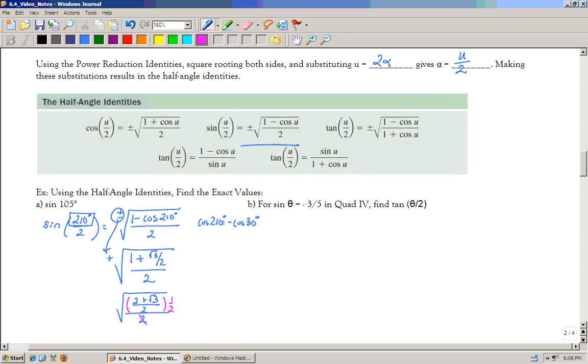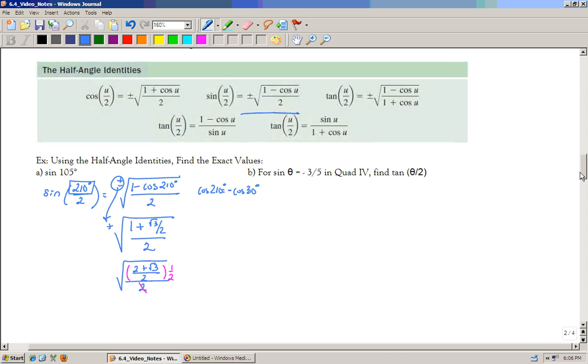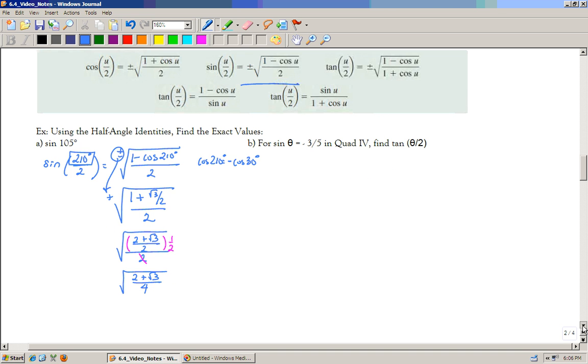So that 1/2 is now multiplied to that, and you get the square root of, you can distribute this in, the denominator is multiplied by 2, which puts it over 4. And since this is a perfect square, the denominator does not have to be rationalized, it just needs to be simplified down to just be square root of 4 is 2.